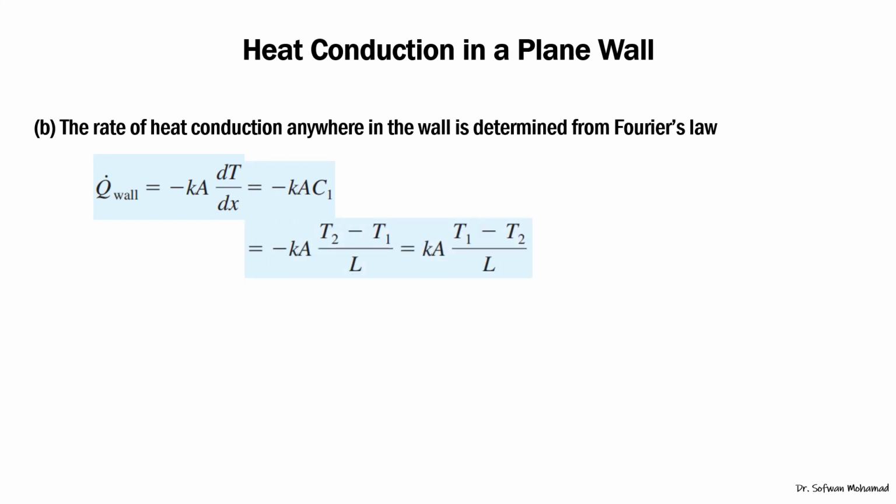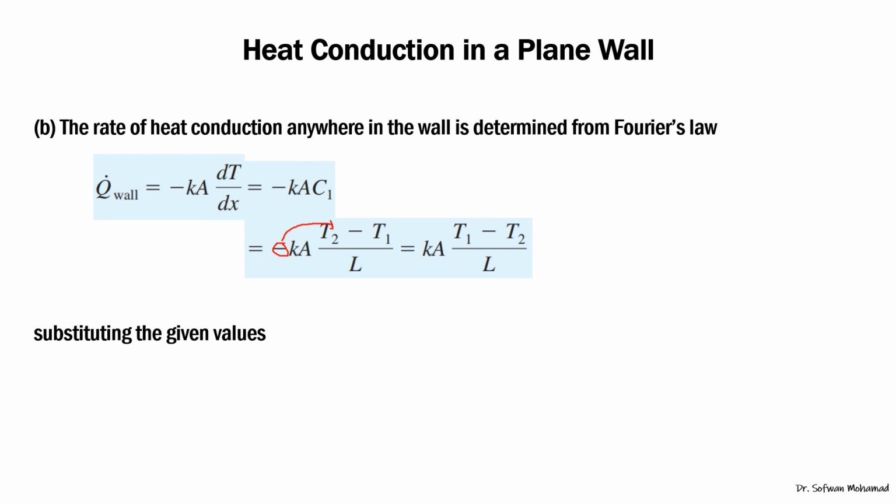Now we know C1 is equal to (T2 minus T1) over L. We substitute the C1 expression and we get minus kA (T2 minus T1) over L. And we can rearrange this equation to remove the minus sign at the beginning by multiplying it in. So we get kA (T1 minus T2) over L.